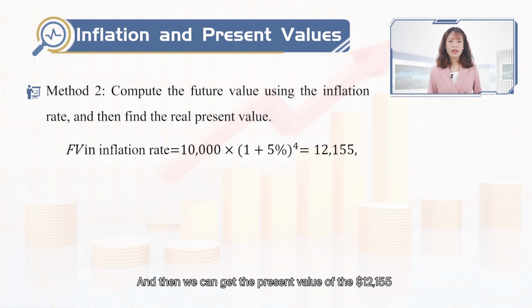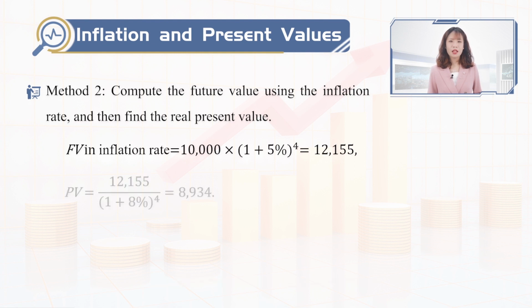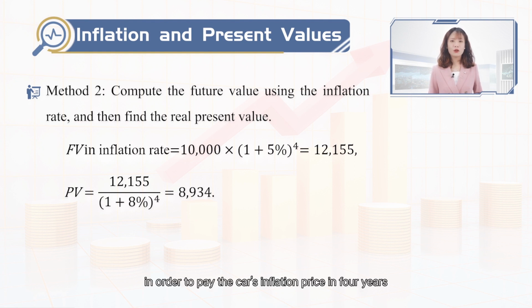And then we can get the present value of the $12,155 using the nominal discount rate of 8% per year. It's 12,155 over 1 plus 8% to the fourth. Either way, we get the same result. You must invest $8,934 now in order to pay the car's inflated price in 4 years.